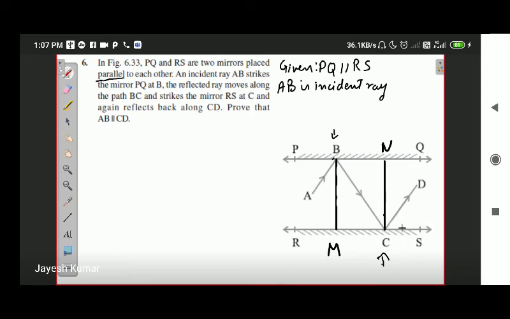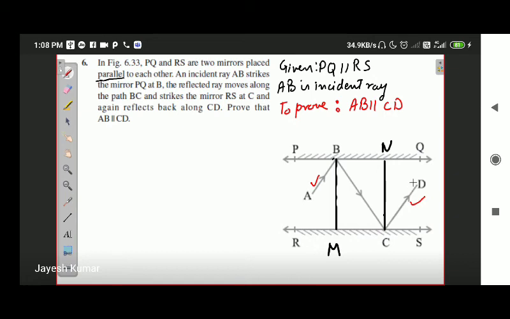So CD is your final reflected ray. What we have to prove finally is that line AB is parallel to CD. Ray AB and ray CD are parallel to each other.